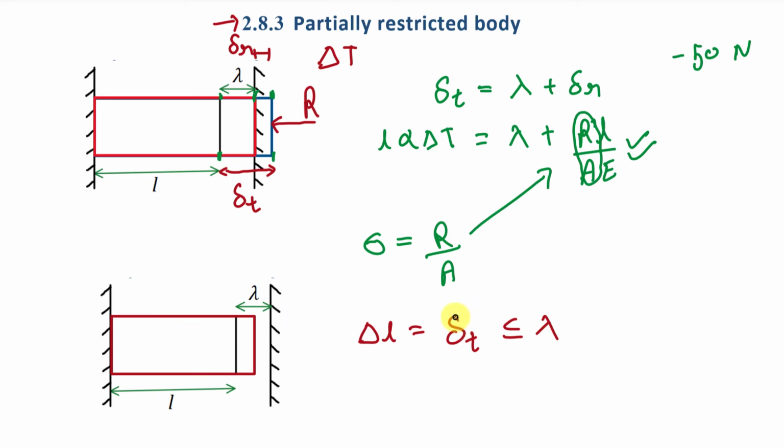And if it is so, then we can say that this case is a case of free expansion, because there is no restriction at this end, and the change in length in this body is less than this lambda. And we know that if there is no restriction to change in length, then the value of stress sigma is 0, right? That we have discussed in the case of free expansion. So in this case the value of stress will be 0, meaning thermal stress will be 0 in this body.